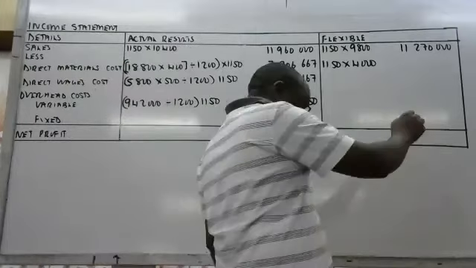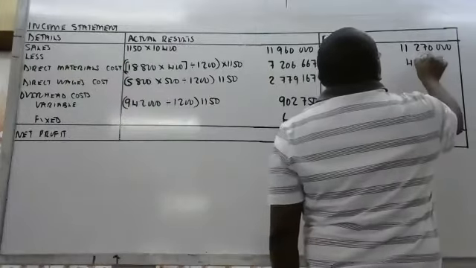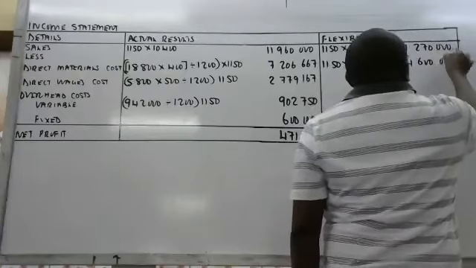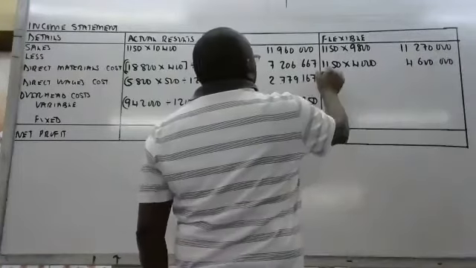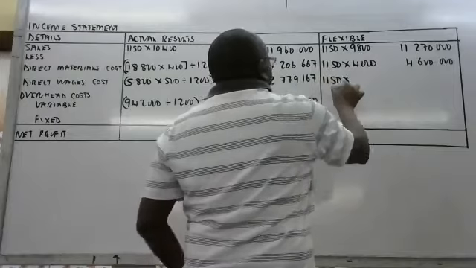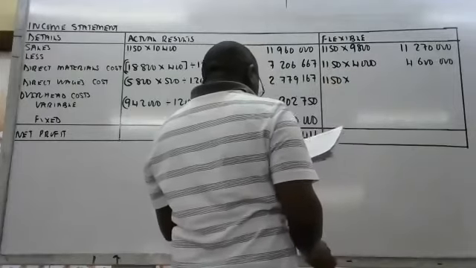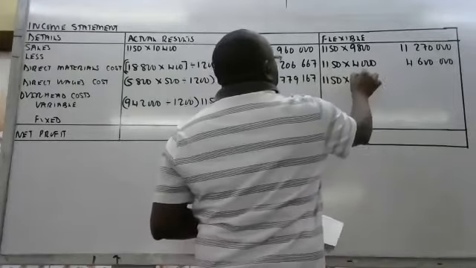Yes, 4.6 million. And 1150 times wages in 2,000.